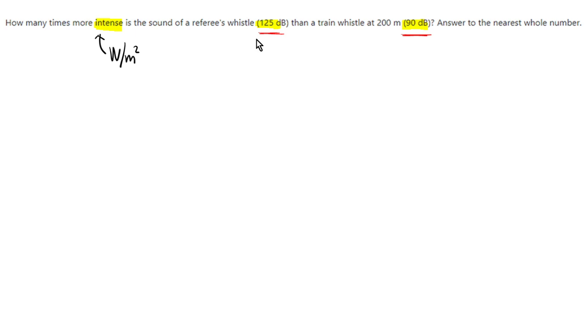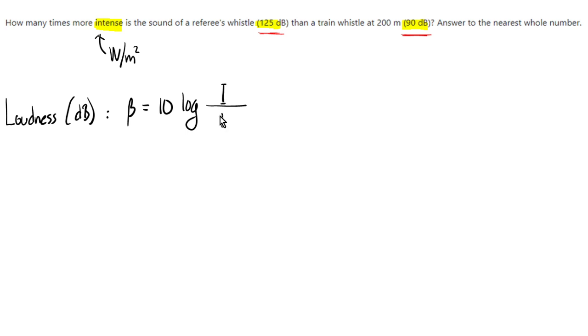There is a formula that connects these two concepts, and it looks as follows. So we have loudness in decibels. We're going to refer to loudness by beta equals 10 times the log of the sound intensity I divided by I naught.